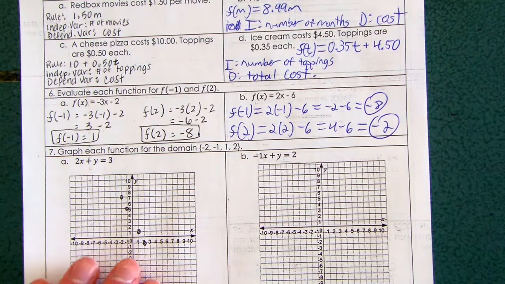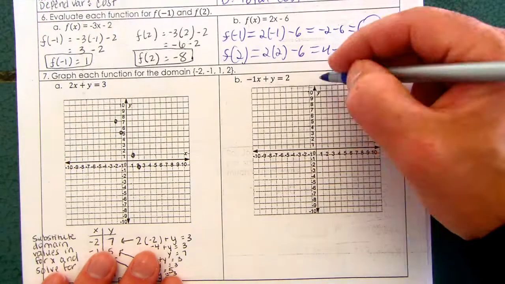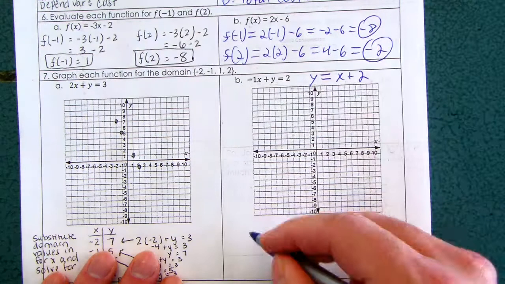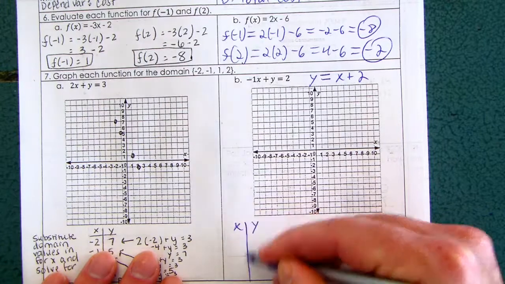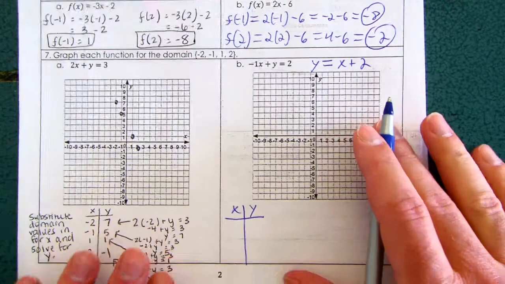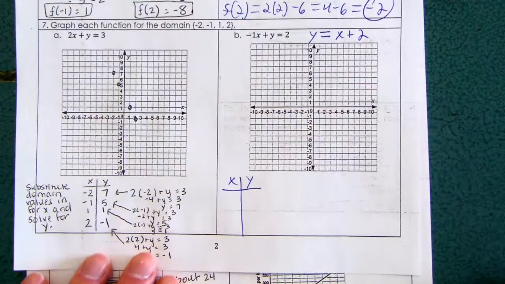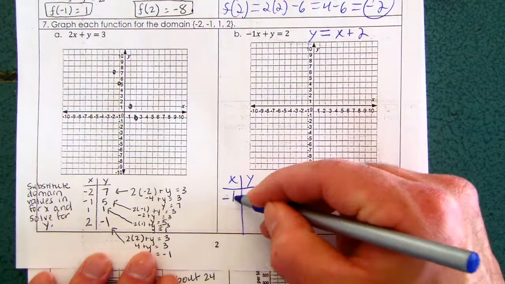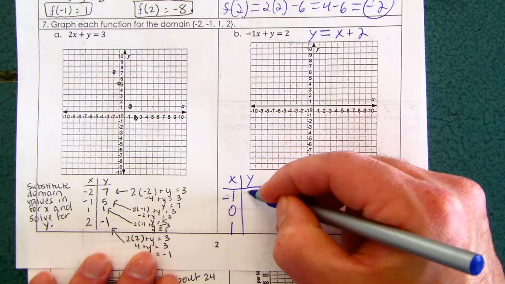All right, so next up here, we got to make a graph. I'm just going to rearrange this and write as y equals x plus 2. That's going to be a little bit easier. Your xy table, you can really put any values you want in here for the table. I'm just going to go -1, 0, and 1. So that'd be 1, 2, and 3.